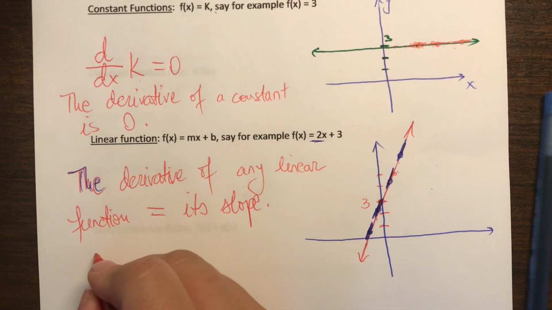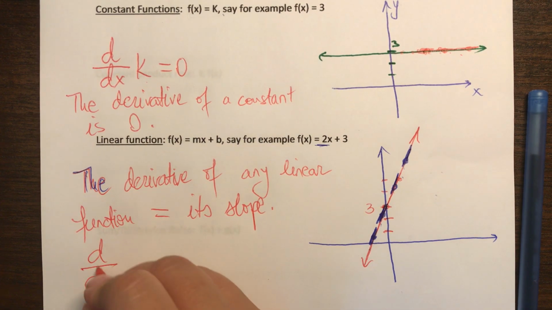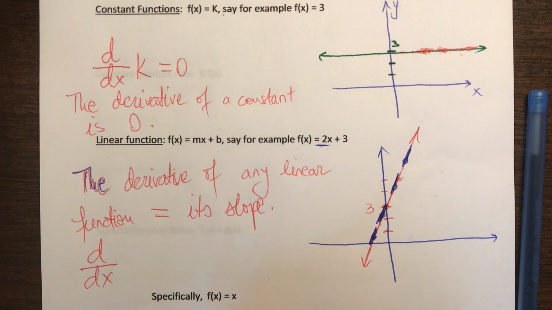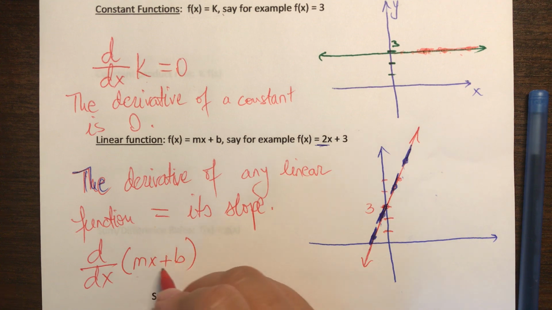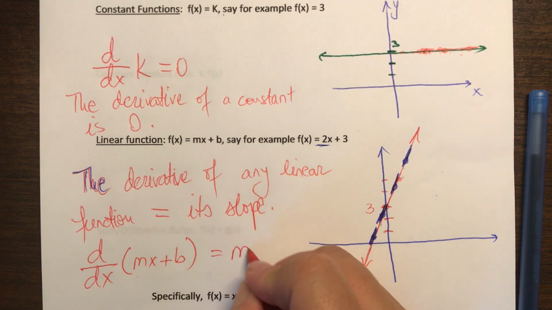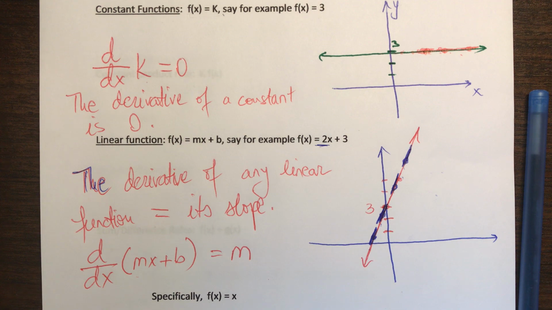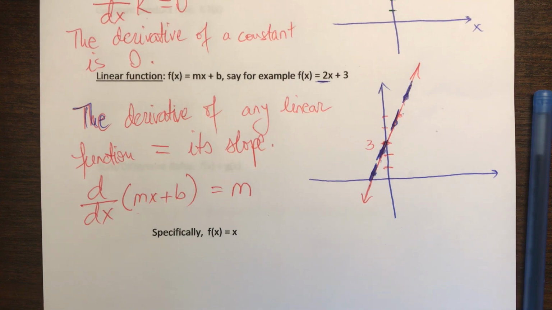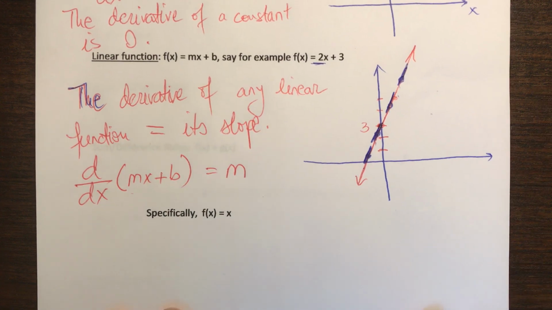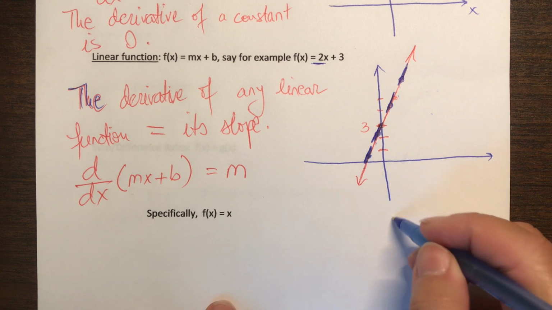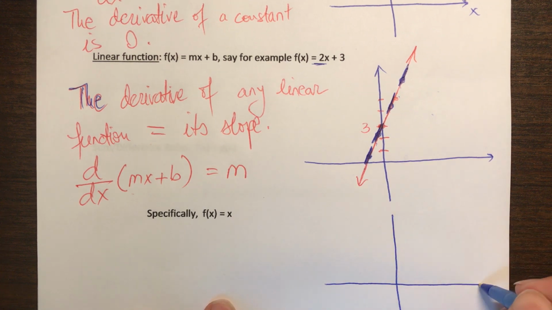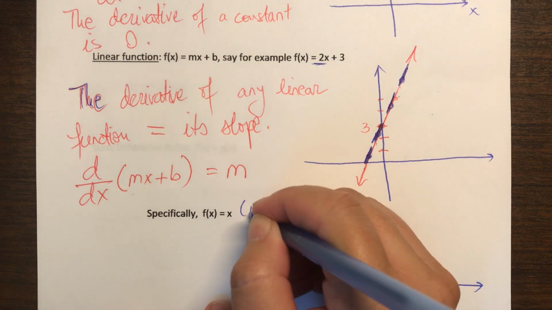So, in other words, the derivative, and I'm using the Leibniz notation that we talked about last time, of any linear function of the form y equals mx plus b, right? So mx plus b is just the slope itself, right? So it's going to be m. All right. Now, specifically, this is one that we will be using mostly. If you have the linear function that says y equals x, we also call this the identity function.